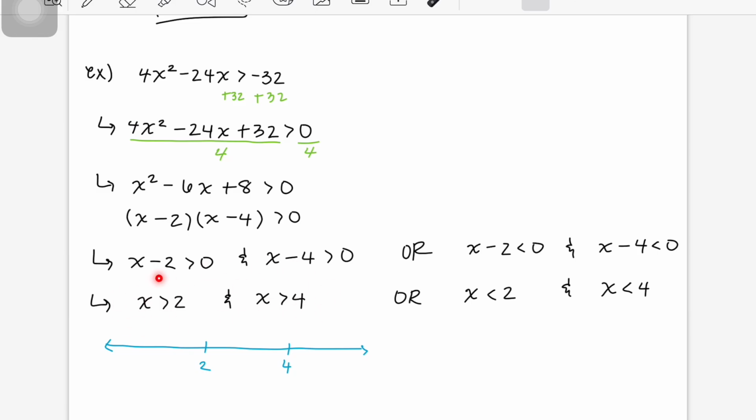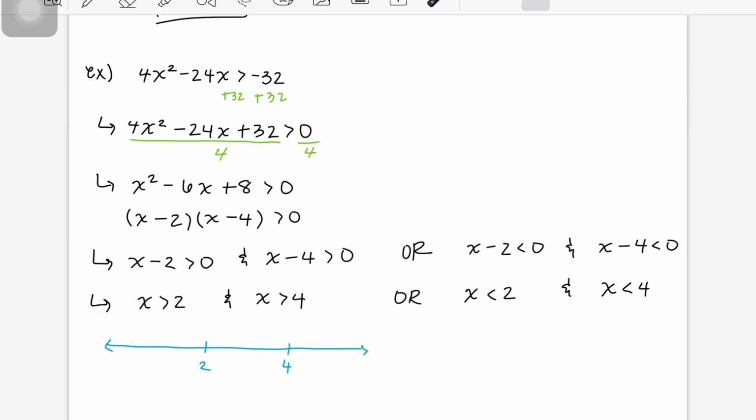On this side, if we want both of these numbers to be positive, we need x to be greater than 2 and x to be greater than 4. So when I say x is greater than 2, that's everything in this region, but I also need x to be greater than 4 as well. So that takes away everything in this region, and so we need to look at everything in this region.